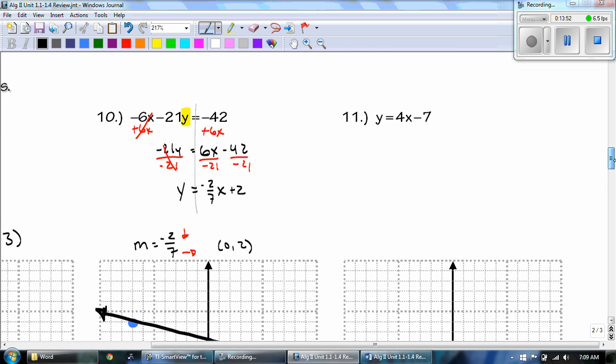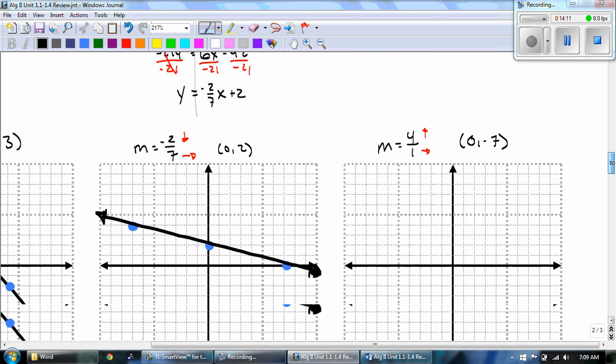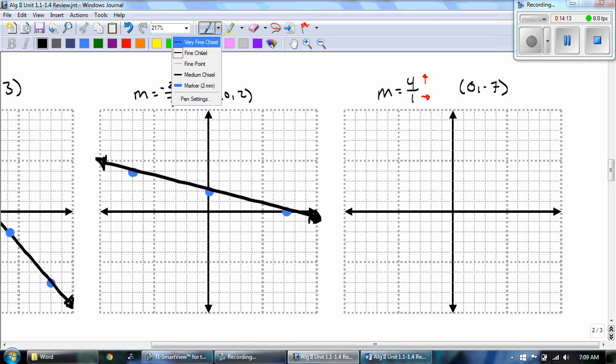And number, hey, look, number 11's already set for us. Awesome. So my slope is 4 over 1, which means it's a positive 4 up, to the right 1. And then our y-intercept is 0, negative 7. Okay, and that's all we need to graph.